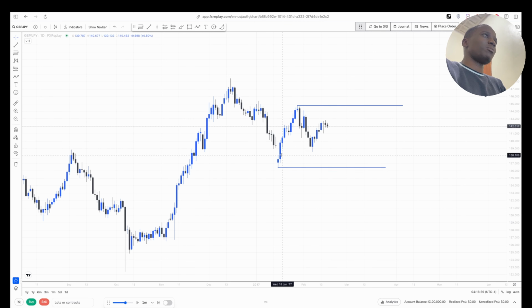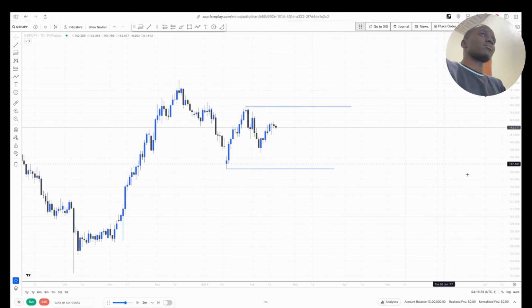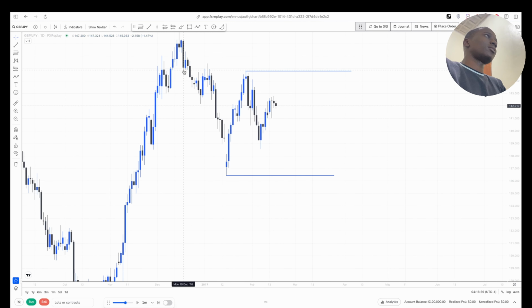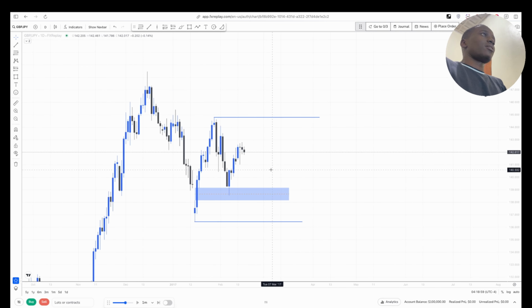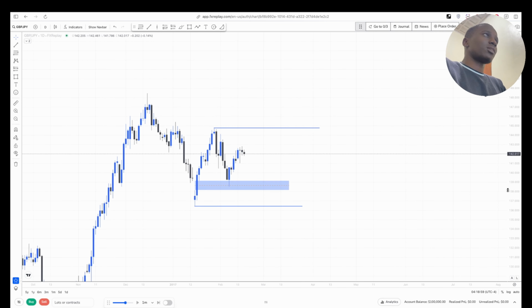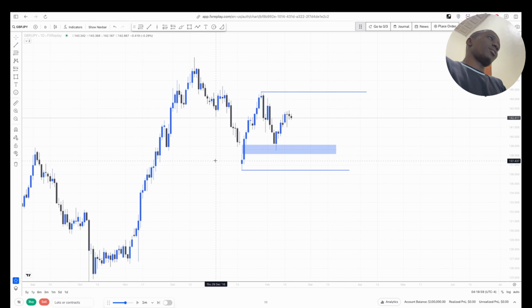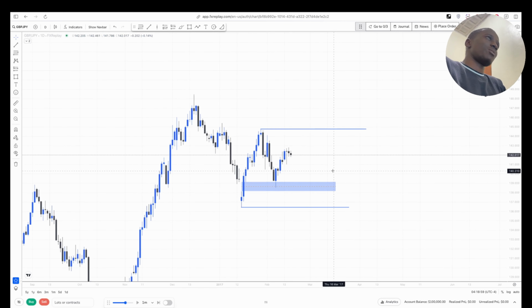We've got a fair value gap which was tapped into right here, a daily fair value gap, this one right here. And you can also see that we have another fair value gap in here which was tapped into. And without going further, you can see that we have a breaker block right here, which means we can anticipate the market to go a bit higher. This breaker block in here.